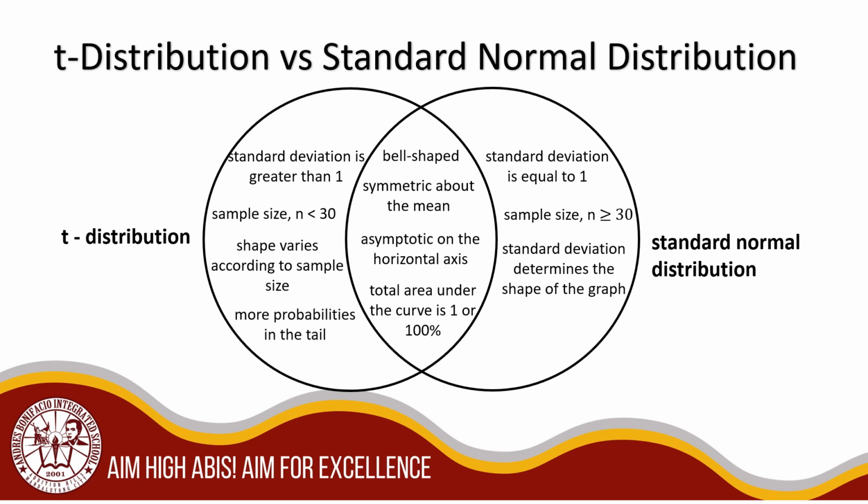Okay, and then of course, this is an additional for the t-distribution. So since the curve is affected by the sample size, there are more probabilities in the tail of the curve of a t-distribution. Okay, so yun po.